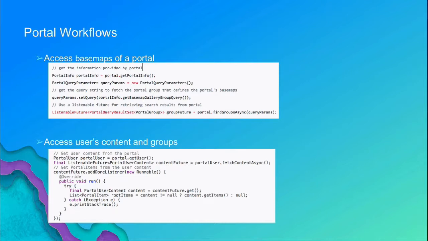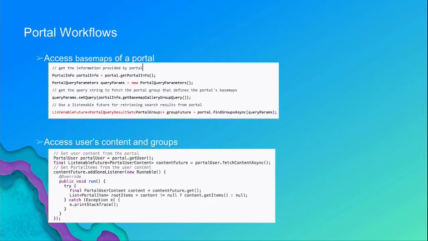You are able to create a list of query strings by the get base map query parameter, and then pass the parameter to the portal find group async method.